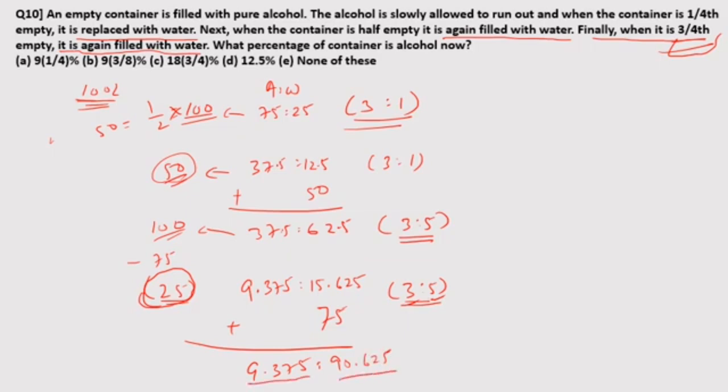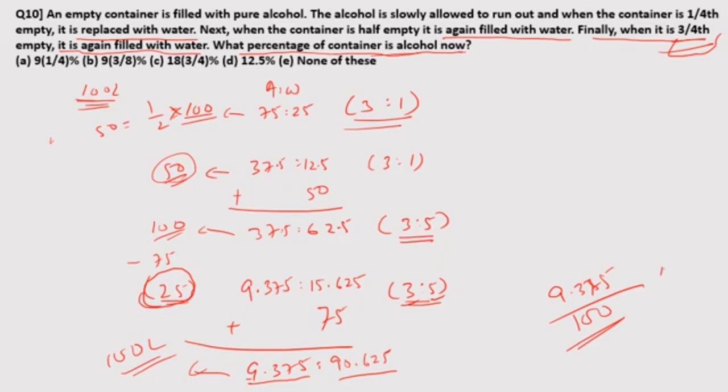What it is asking is, what percentage of the container is alcohol now? Alcohol is 9.375 out of total. Total is how much? At this stage also the total is 100 liters. So this out of 100. Now if you observe the options, it is clearly visible.